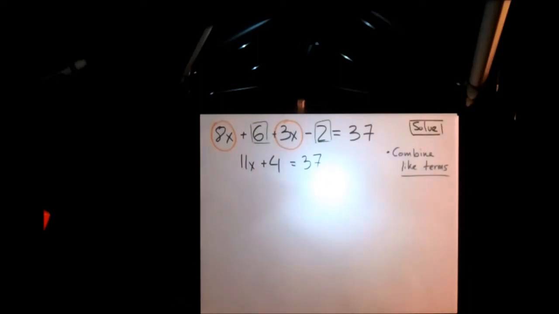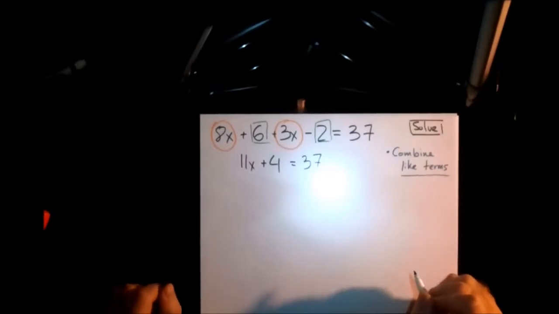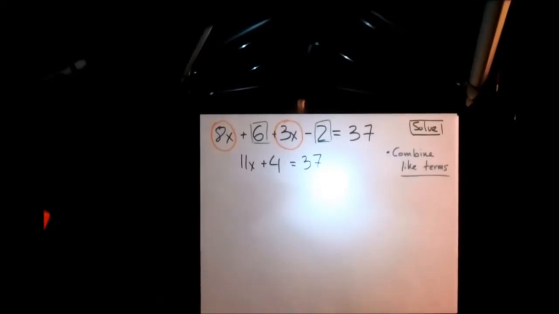So which one do you want to get rid of next? Hopefully everyone just said get rid of the plus 4 because that's the further away term. You want to tackle the term that's further away first. So I'm going to get rid of the plus 4 first.